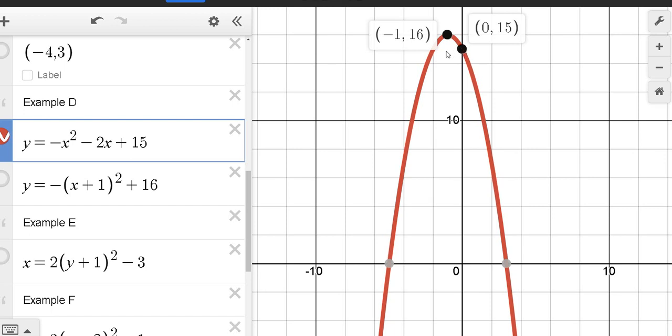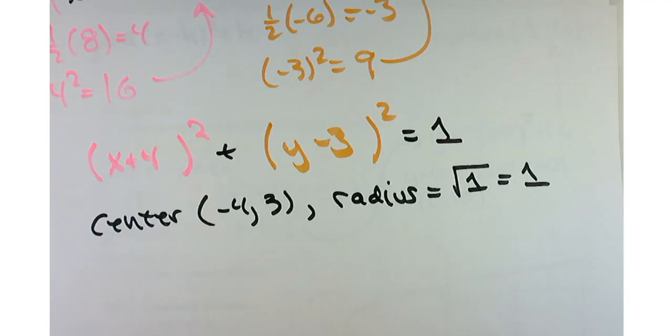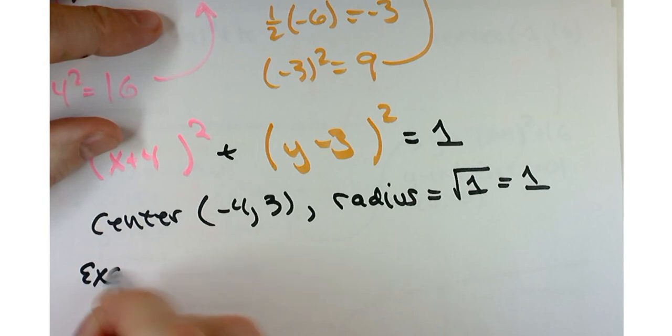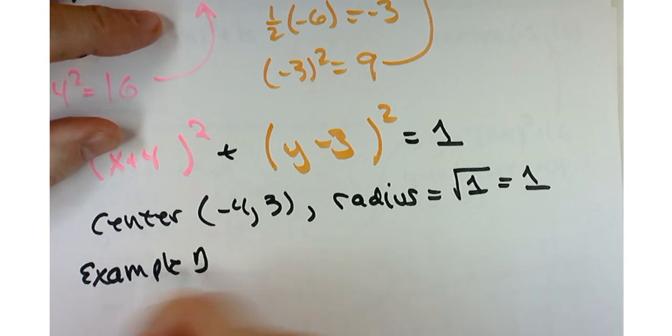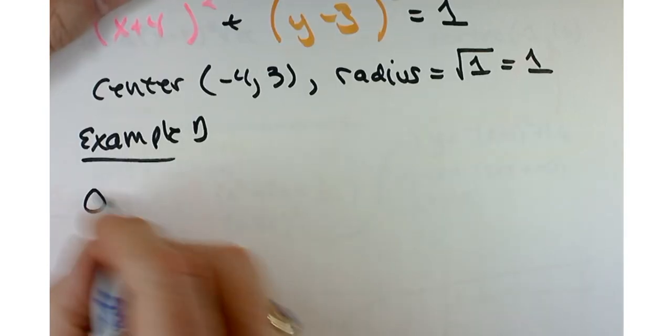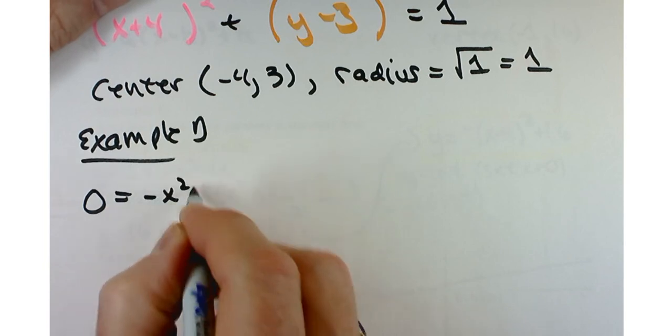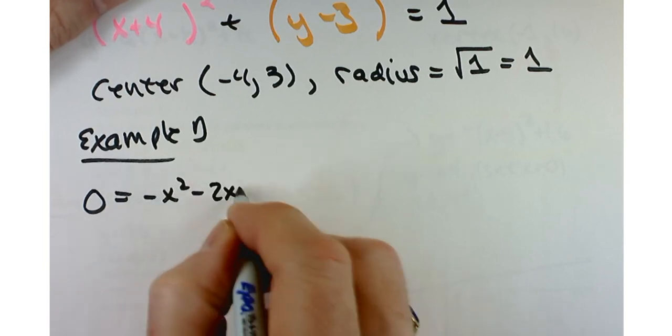So looking back at the graph, 0 and 15. How about the x-intercepts? What do we have to do to find the x-intercepts? Set y equal to 0. All right, so we'll set y equal to 0. Let's do that on our paper. So example D. Zero equals negative x squared minus 2x plus 15.